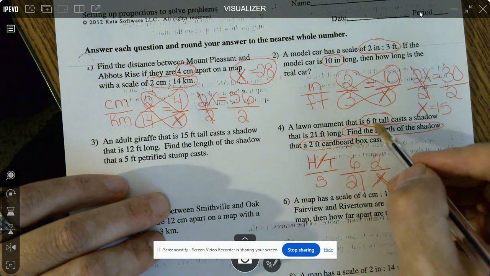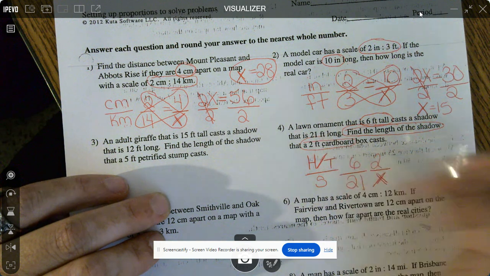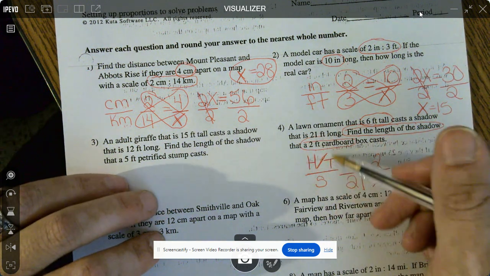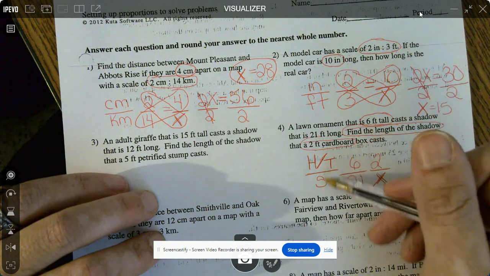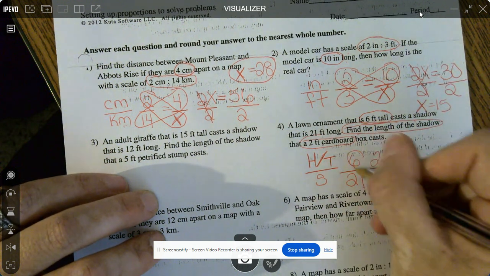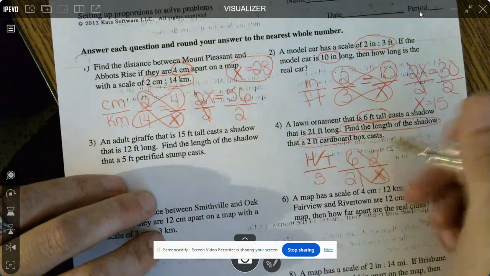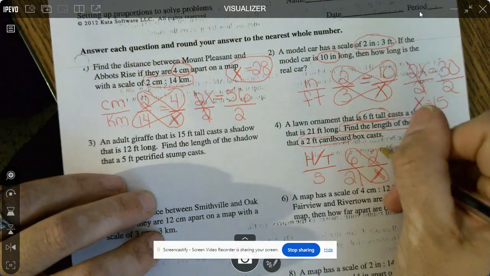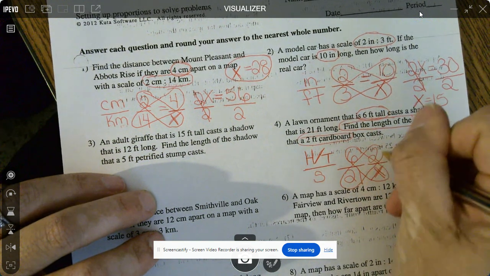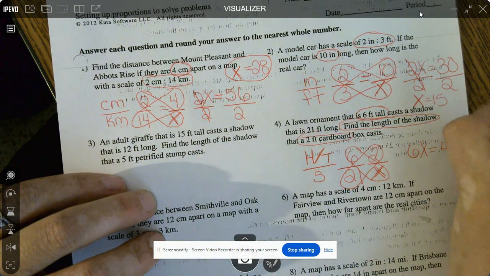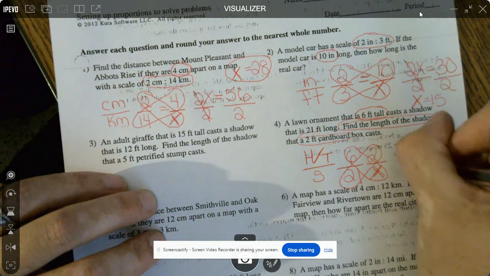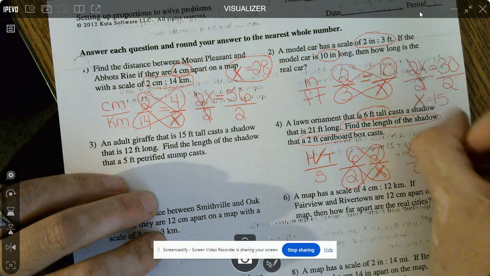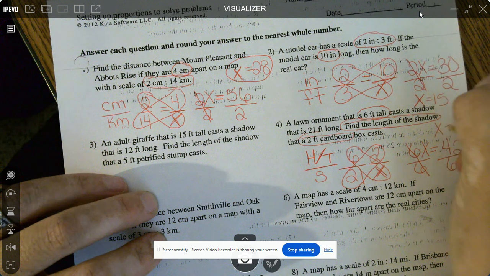If you originally looked at this with feet, feet, feet, we don't want to use feet on this. We want to use the height or tall along with the shadow. So we cross multiply, and that gives you 6x equals 2 times 21, which is 42. Divide by 6 on each side because that's the opposite of multiplication. So x equals 7.